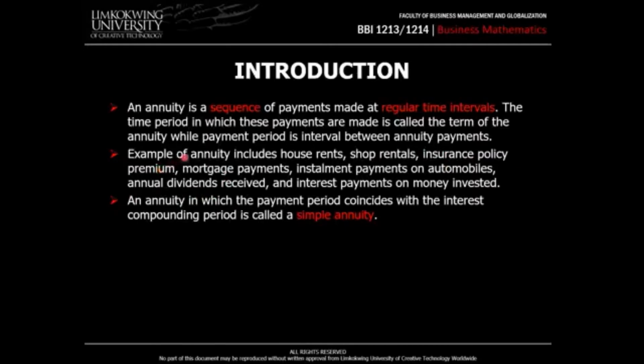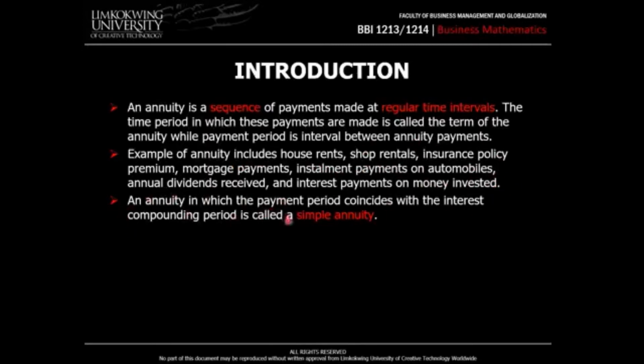It is not only about payments, but anything that we receive. Dividends, meaning profit that we get from some investment, are also considered an annuity because they are given in a regular time interval. And also interest payments on money invested.